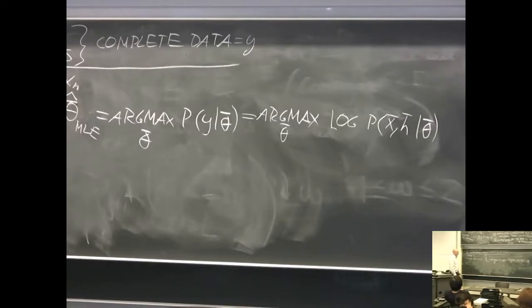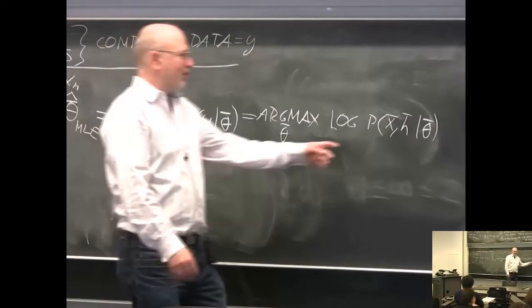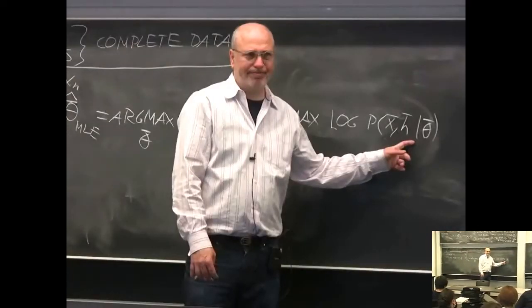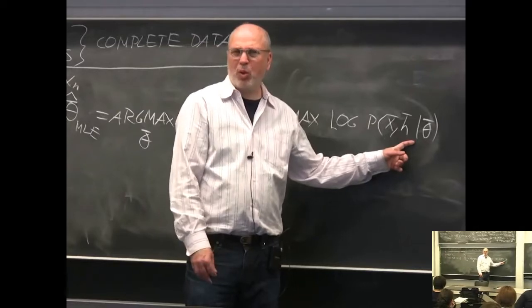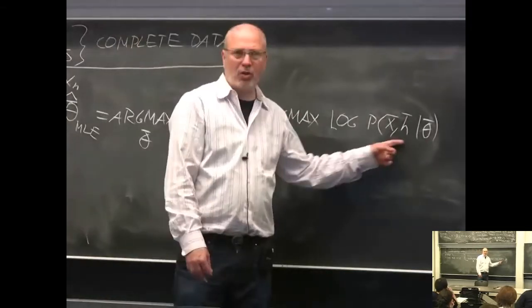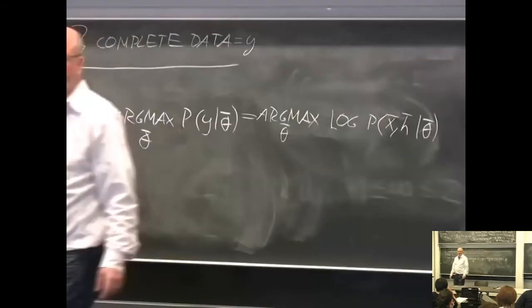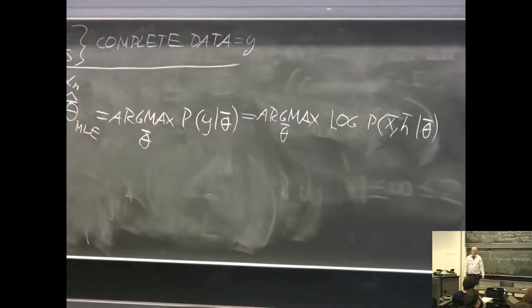Now we have a problem. The problem is that we know x, but we don't know h. Right? H is, by definition, hidden. So what do we mean by maximizing the log probability of the joint distribution? Since we don't know h, and in principle we will never know h, we have to take into account all the possible values that h can be.